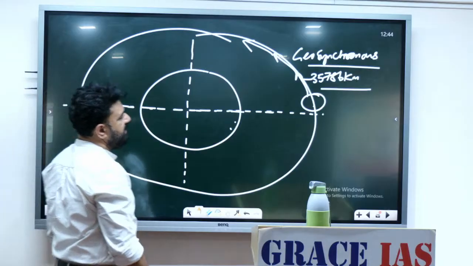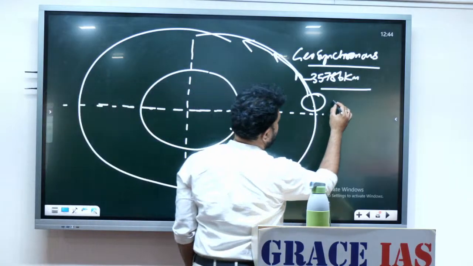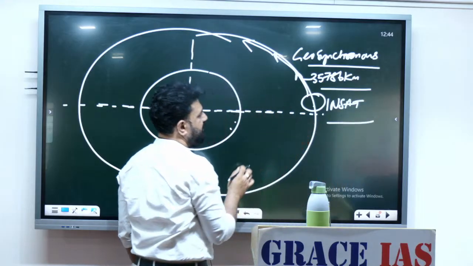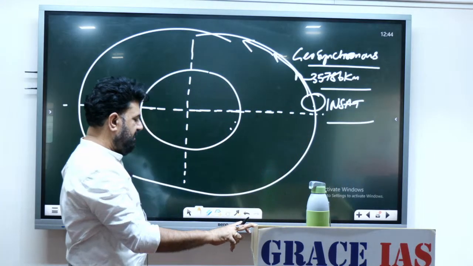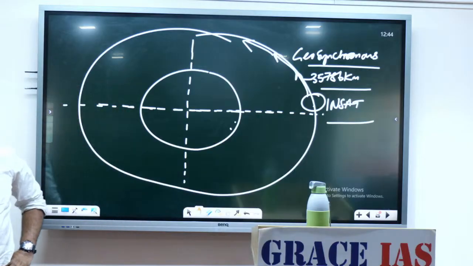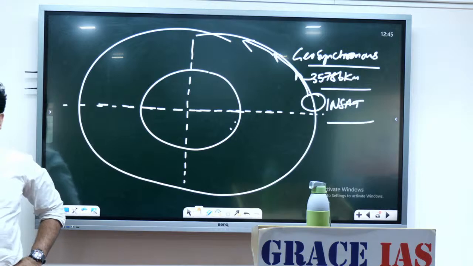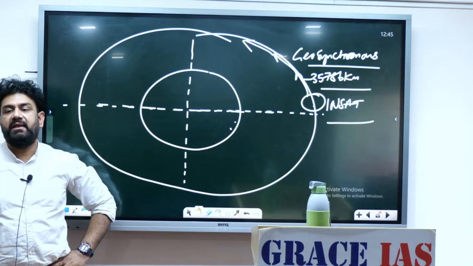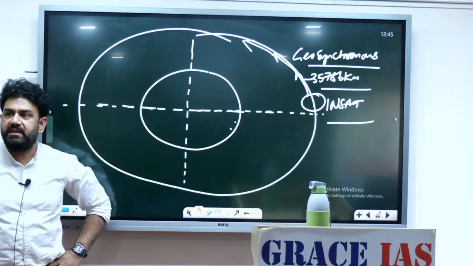So usually this orbit is used by ISRO for launching communication satellites, long distance communications, television broadcasting, wireless communications, and satellite TV, that is DTH, direct to home, and mobile communications and mobile internet.